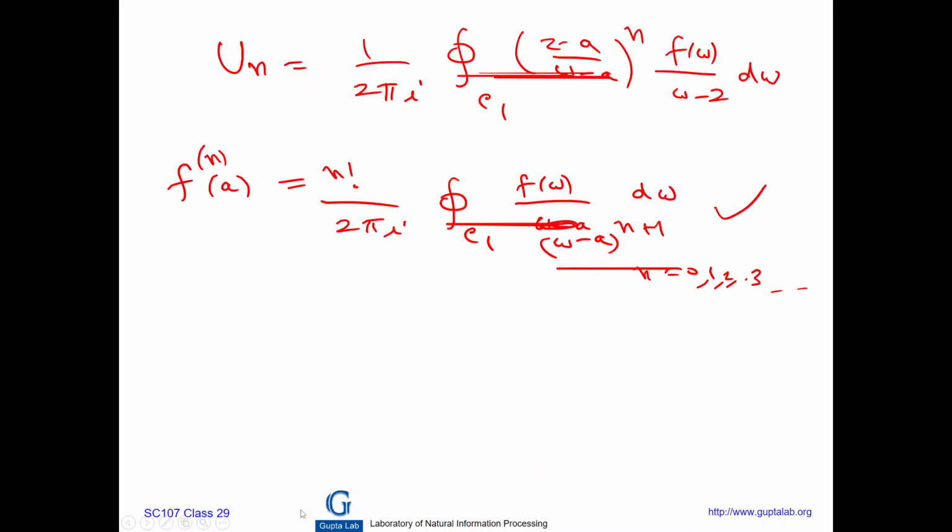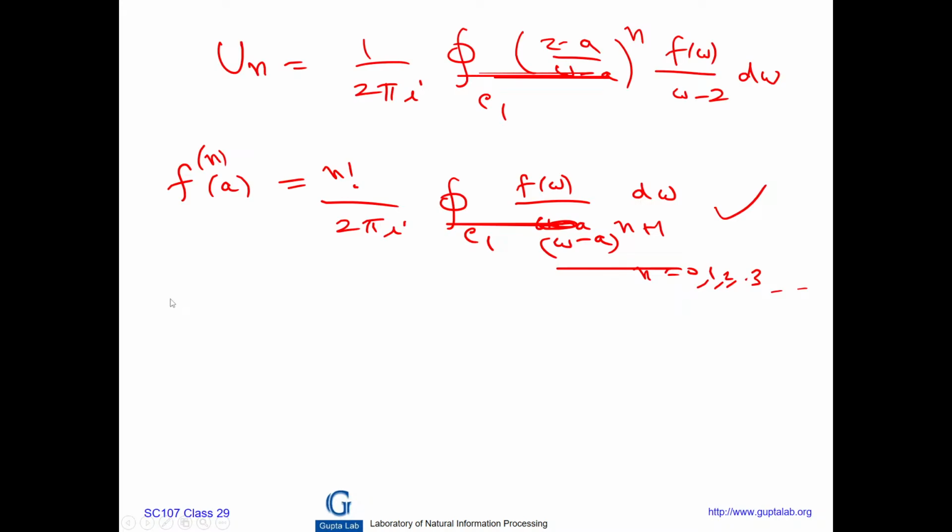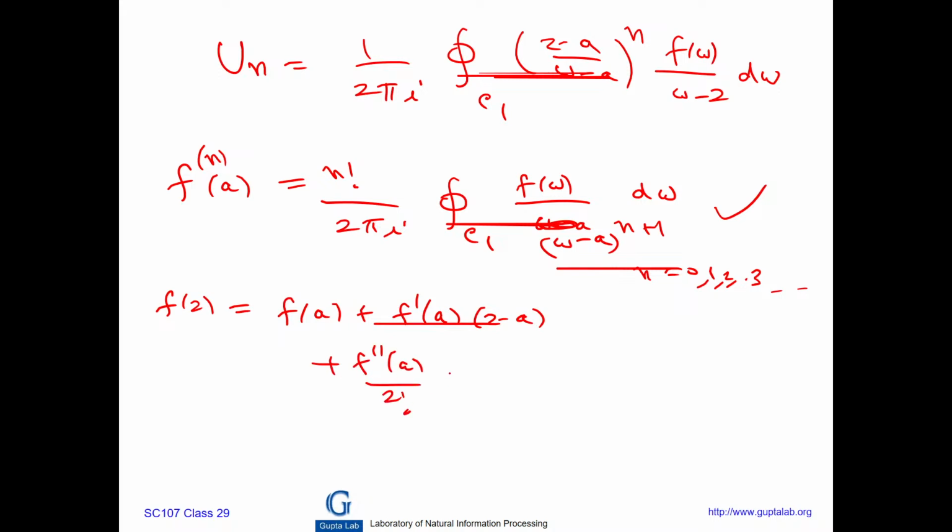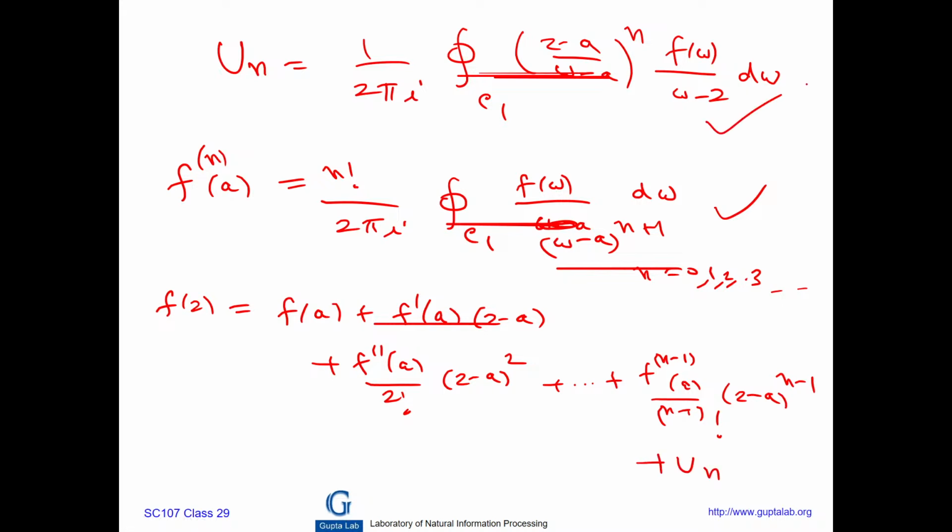So I will get something like this: f of z is equal to f of a plus f dash of a times z minus a plus f double dash of a divided by factorial 2 times z minus a whole square, and so on up to the n minus 1 term, the (n minus 1)th derivative of f at a divided by factorial n minus 1 times z minus a whole raised to power n minus 1, plus un is this term.